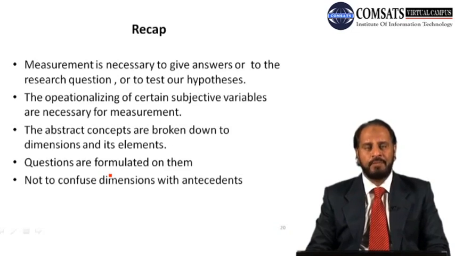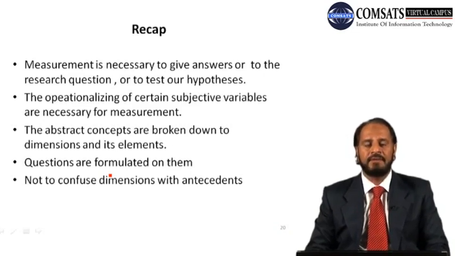And lastly, what we talked about was that we want to make sure we don't confuse the dimension with the factors, or dimension with the antecedents. When we say factors or antecedents, these are the reasons which are influencing the concept variable.